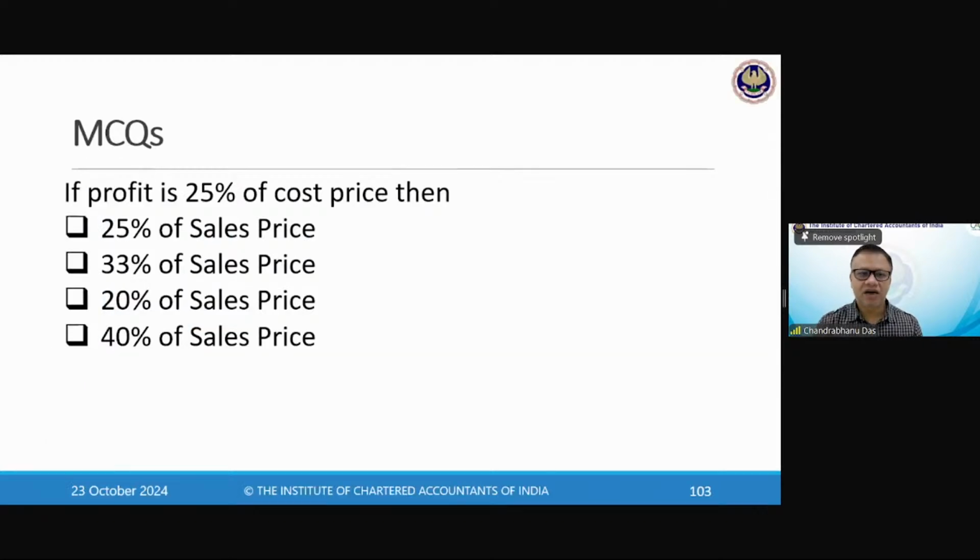Now this question: if profit is 25% of cost price, then how much is it of the sales price? What can be the answer here? If profit is 25% of cost price, what can be the sales price?